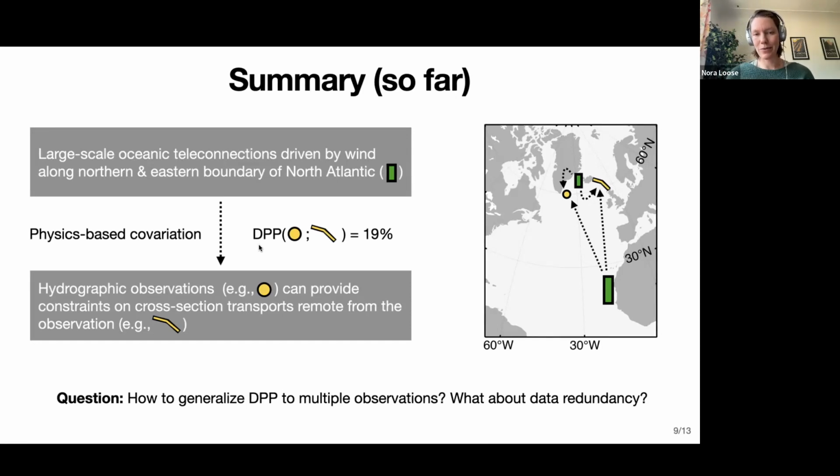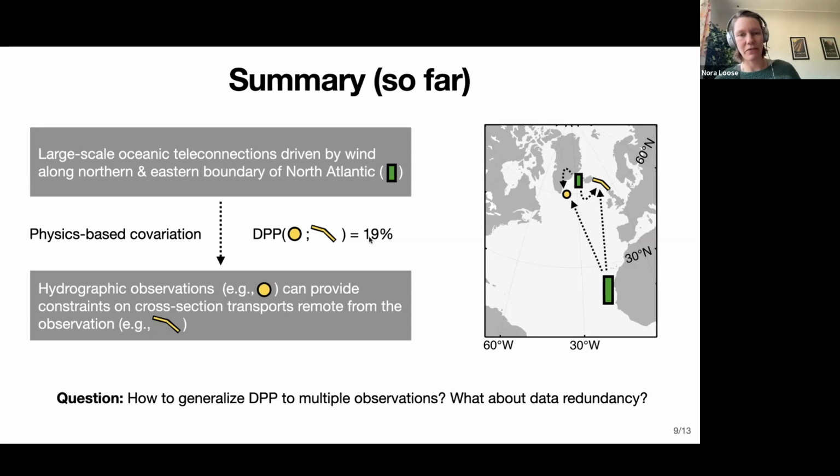In our case, we found a value of 19%. You might say, well, 19%, that's actually not a very high value, right? Or not high enough to be useful. But we have to keep two things in mind. The first one is, this DPP quantifies only physics-based covariation. So there's nothing like statistical significance tests that have to be passed.